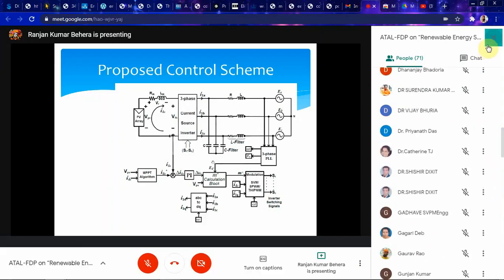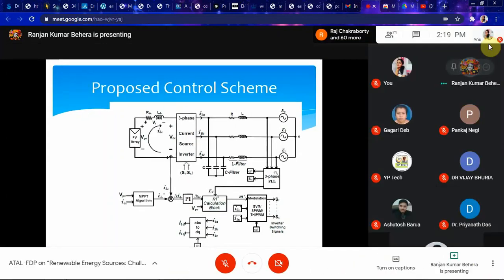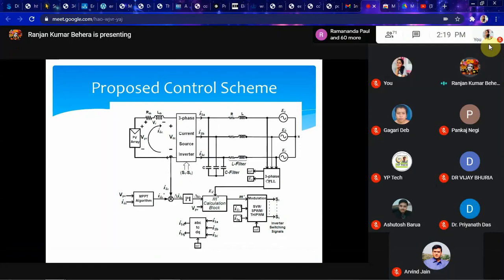And accordingly, you have measured by using a 3-phase PLL, phase lock loop. I think most of you must know what a phase lock loop is. A phase lock loop fixes both the frequency as well as the phase of the system, locking according to the input.